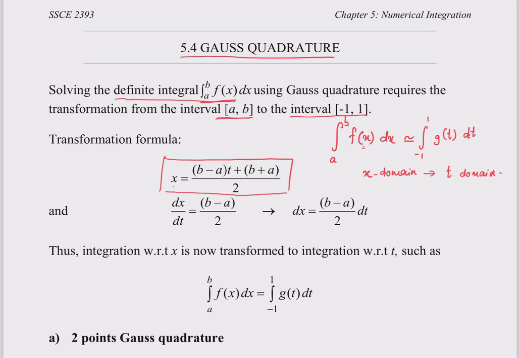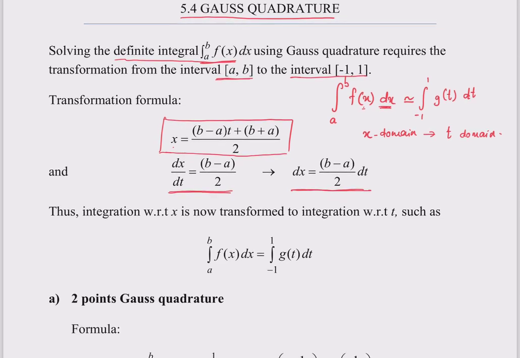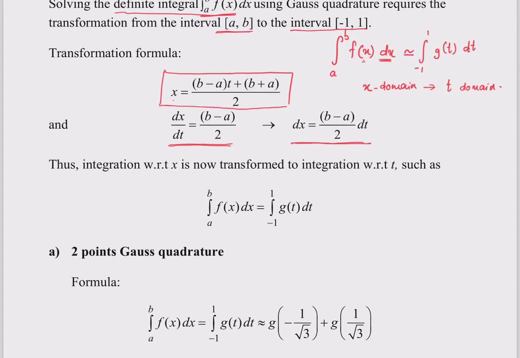And if you see here, in our original integral we have dx. From this transformation formula, we can also find dx/dt, which is (b minus a) divided by 2, so this also implies our dx is equal to (b minus a) divided by 2 multiplied by dt.